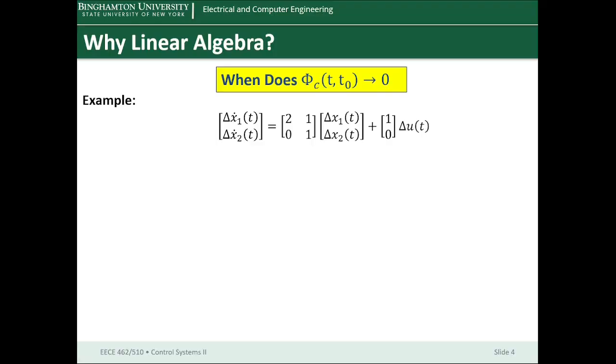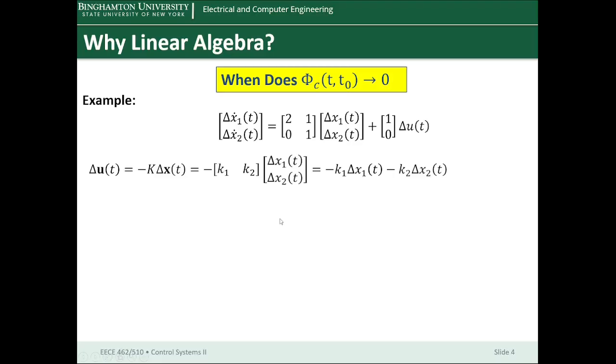Our system has two states, so the feedback gain has two parameters, K1 and K2. When we apply state feedback, we get delta U equals minus K1 delta X1 minus K2 delta X2. When we substitute this into the state equation, we find that the dynamics of the first state depend on K1 and K2.